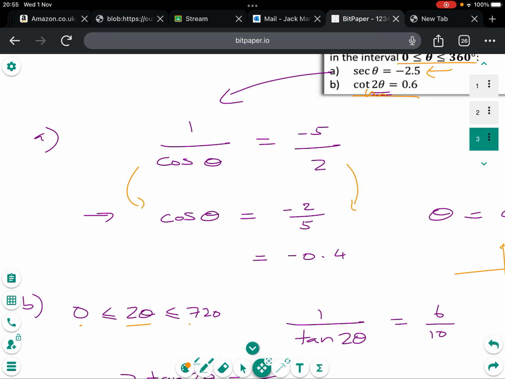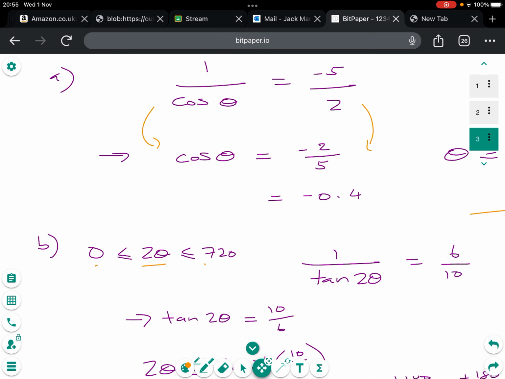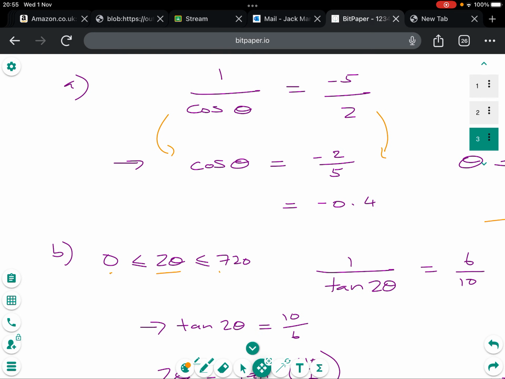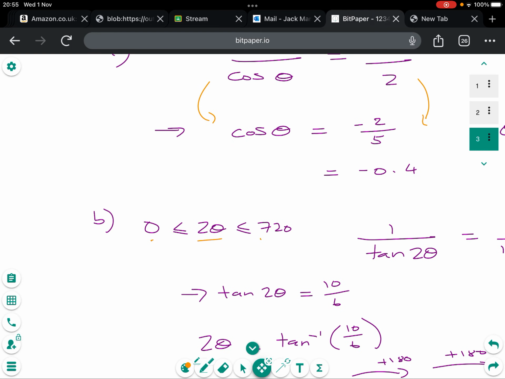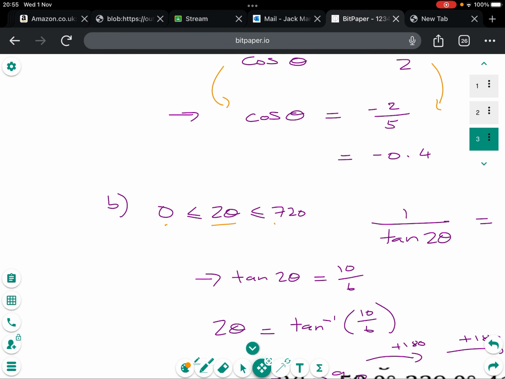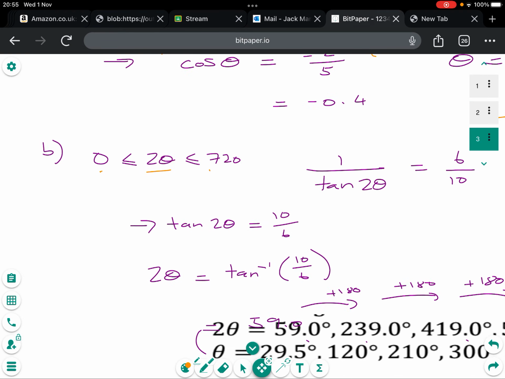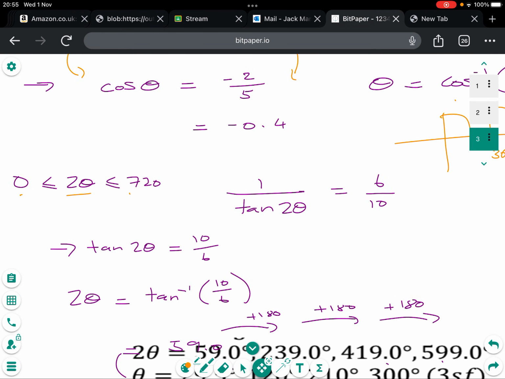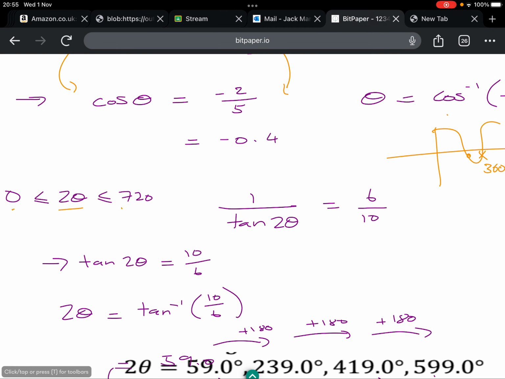So we write it out in terms of tan. We do the reciprocal on both sides. And to get 2 theta, I must do inverse tan of 10 over 6. Now, when I do that, what I'm going to get is 59. It's tan, so the only rule about extra solutions for tan is we add 180 because that's how often it repeats.